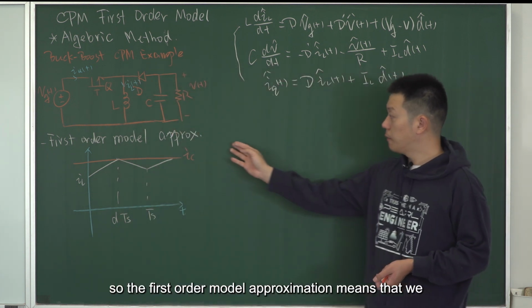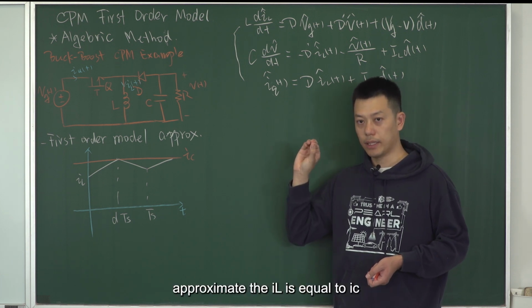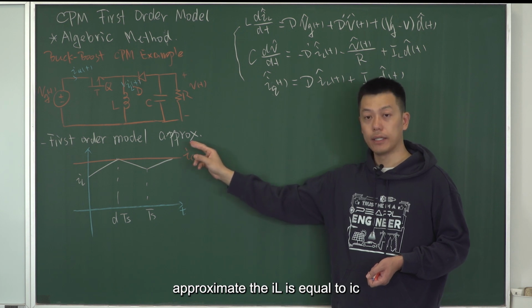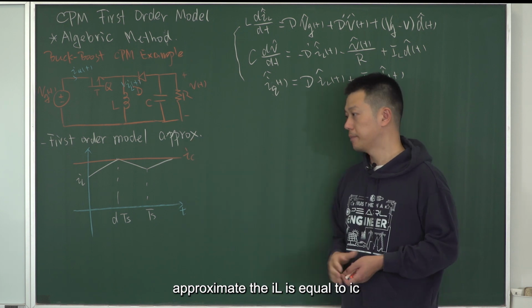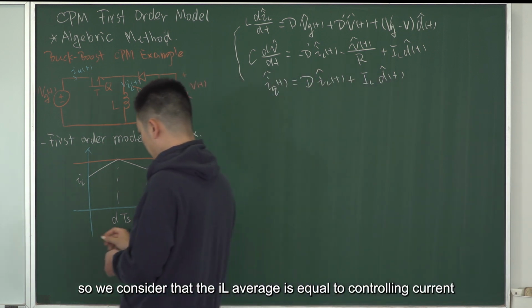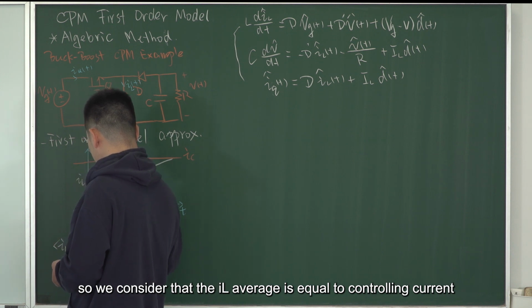So the first order model approximation means that we approximate IL as equal to IC. We consider that the IL average is equal to the controlling current.